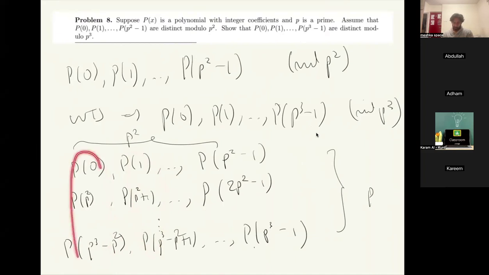We want to show that since they're different mod P cubed, the values of the polynomial are also different mod P cubed. Any ideas how we could do that?